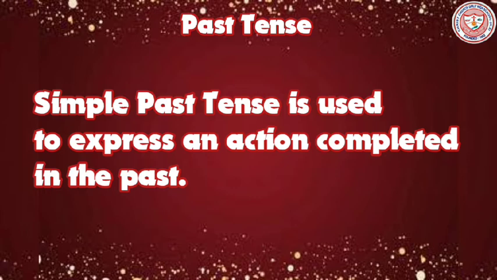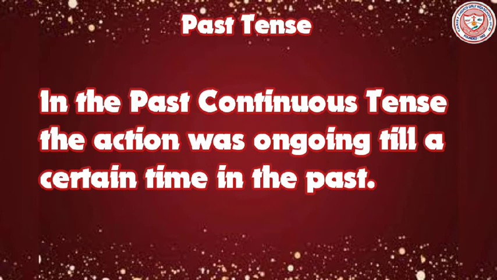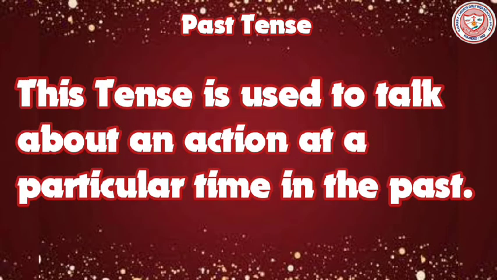But in the past continuous tense, the action was ongoing till a certain time in the past. This tense is used to talk about an action at a particular time in the past.